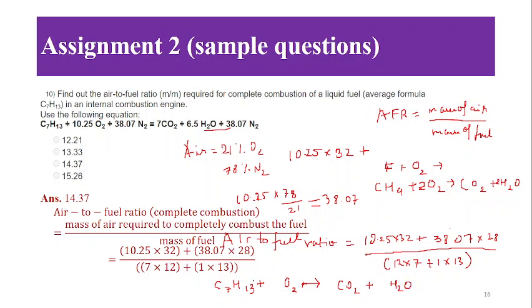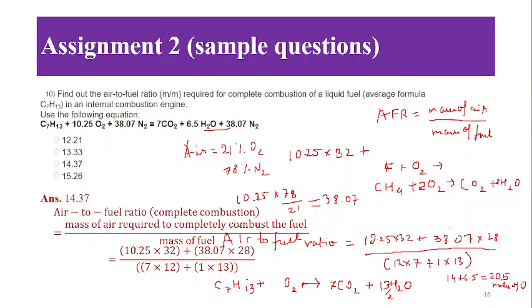If there are C7, to balance here we need 7 moles of CO2. Now H is 13 here. So how many moles do we need here? 13 by 2. So how many moles of O are coming up? 13 by 2 O plus 7 into 2, 14. So 14 plus 6.5, which is 20.5. Please note these are moles of O.